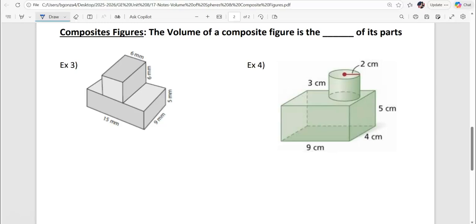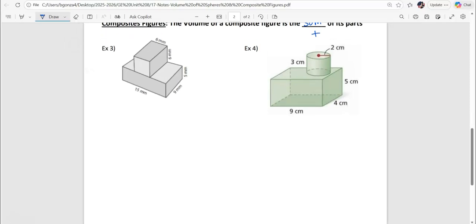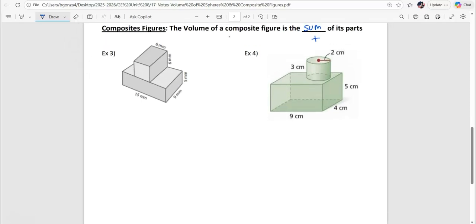Composite figures. The volume of a composite figure is the sum. Put sum. That's when you add all of the parts. Write that down. Now, go ahead and we're going to zoom out a little bit. Draw, divide the page here, and then you're going to dash this half. Do y'all remember when we did composite area and composite surface area?